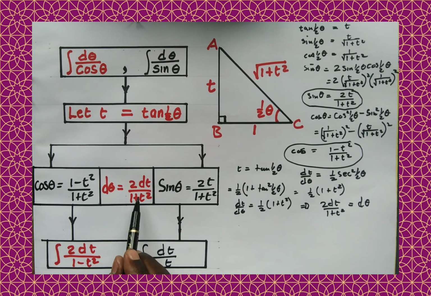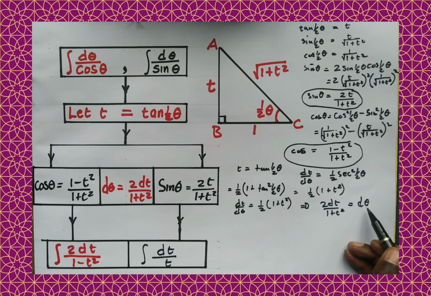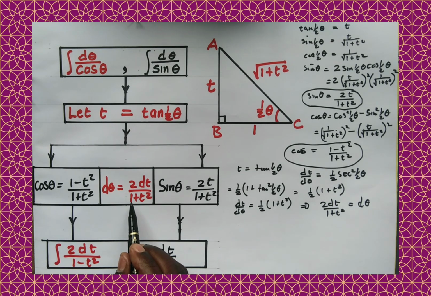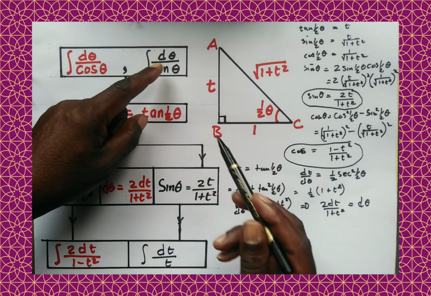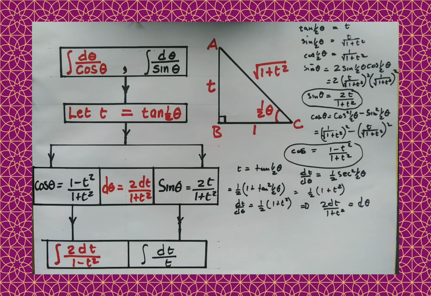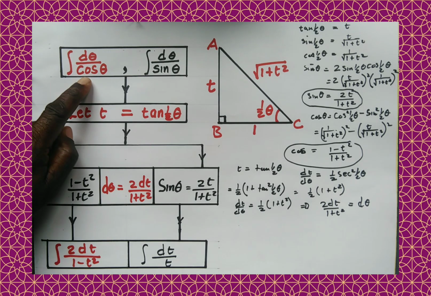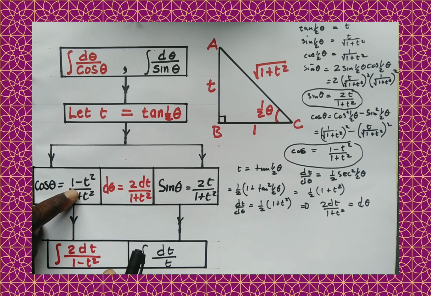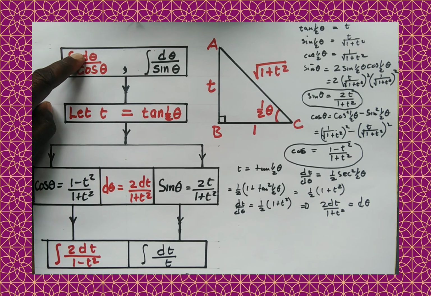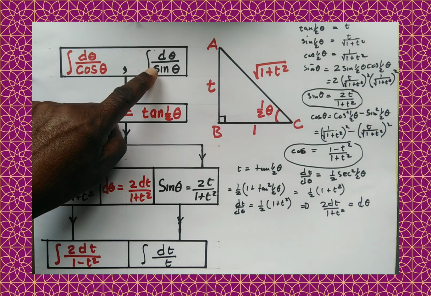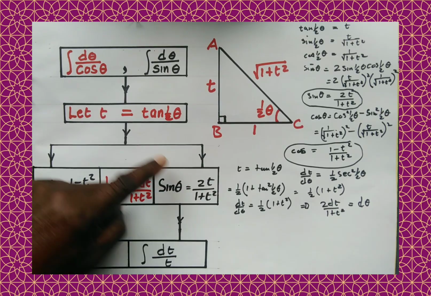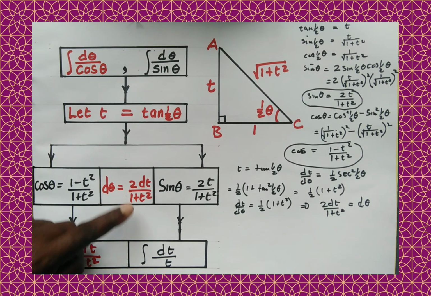That's what we have here. So d theta is equal to 2 dt divided by 1 plus t squared. Now we are ready to integrate our two integrals here, because our cosine theta is equal to this, our d theta is equal to that, our sine of theta is equal to this, our d theta is equal to that.